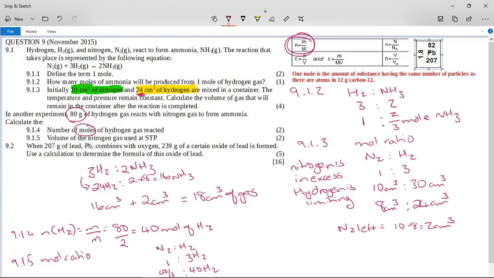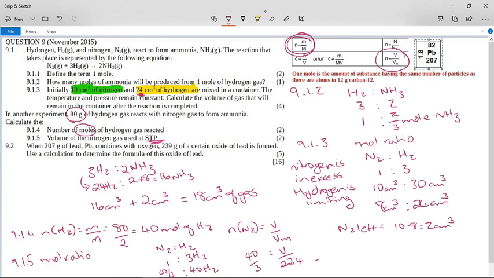So if we want the volume of gas used and they say STP, we know we can use the molar gas volume and this formula because this is a gas. So the number of moles of nitrogen is equal to the volume of nitrogen over the molar gas volume, which is from the data sheet, 22,4. So V over 22,4 is equal to the value for the nitrogen we got here, which was 40 over 3.